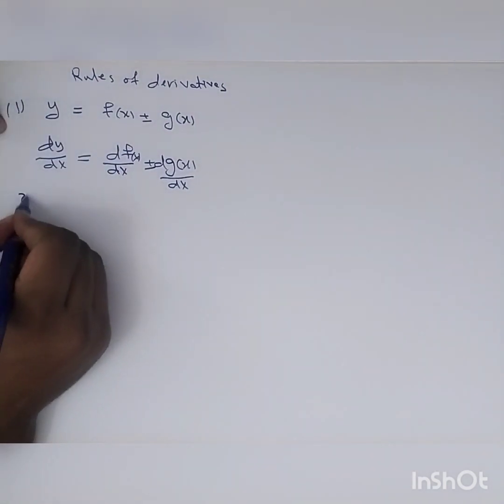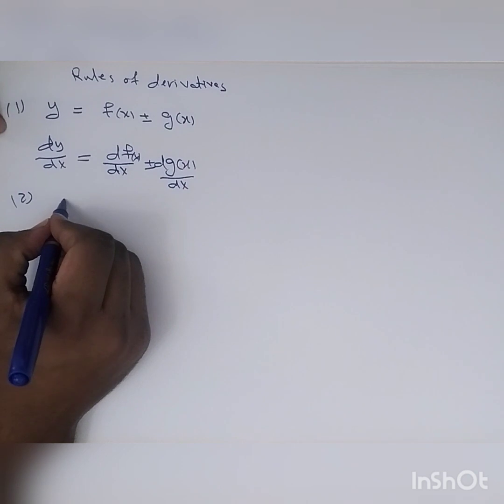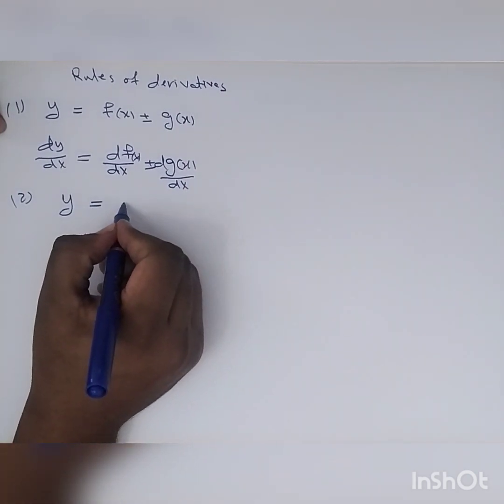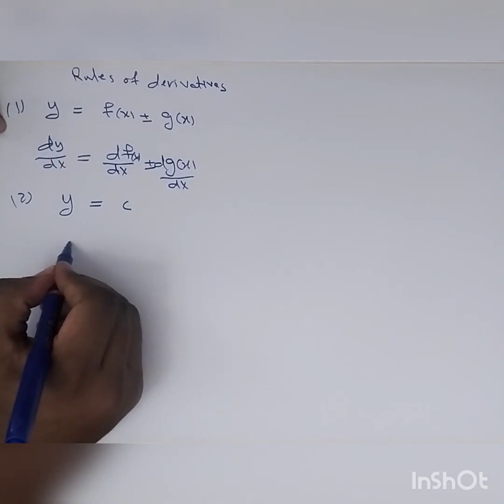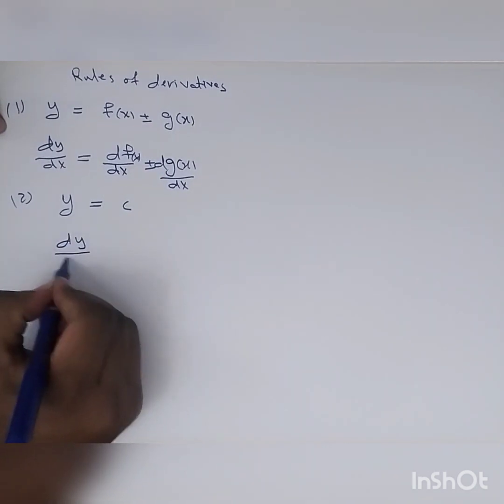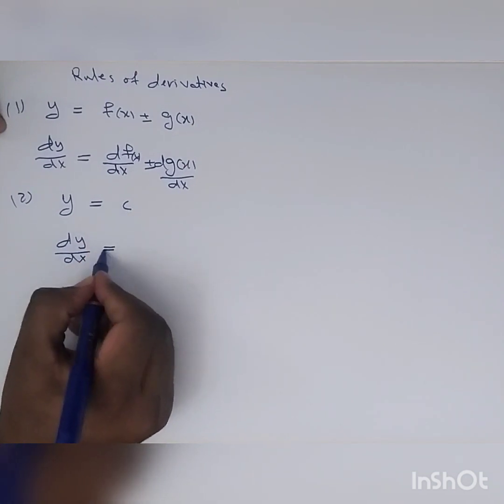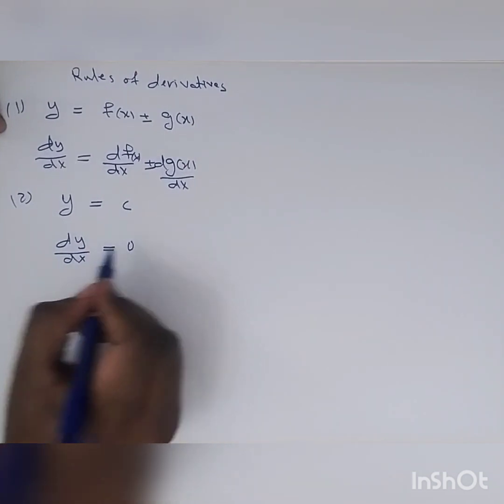Rule 2: if we have a function y equal to some constant c, then dy by dx, because here y is independent of x, is equal to 0.